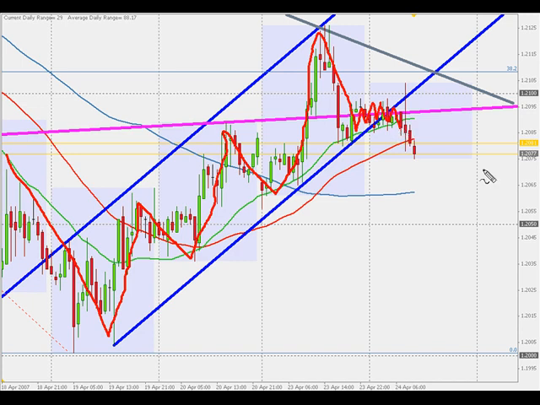Now, one of the reasons why I like the short opportunity is because 2 hours ago we had the Swiss economy trade balance fundamental release, and it was actually bad for the Swiss franc.